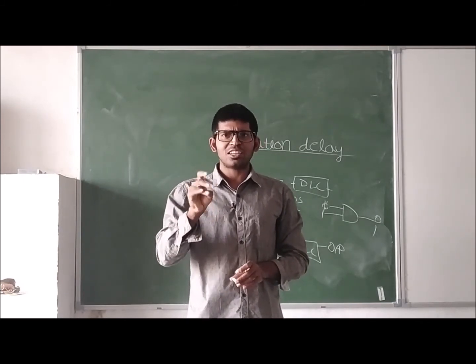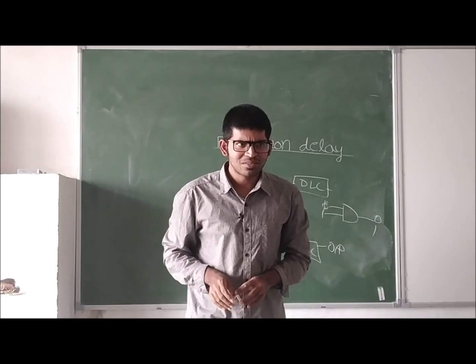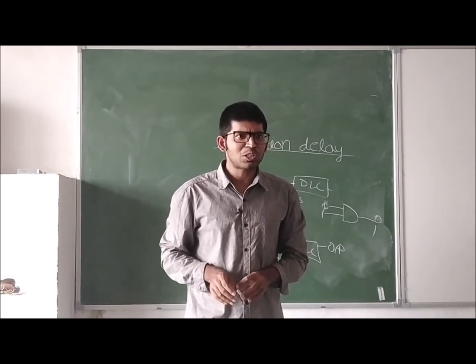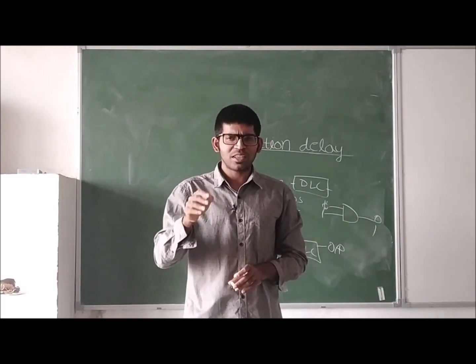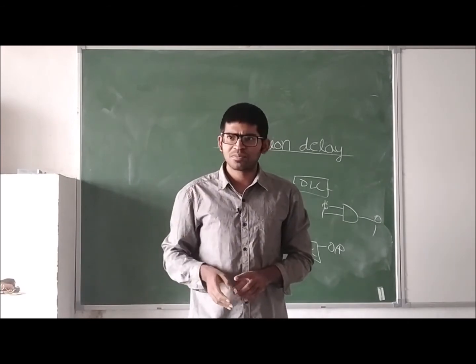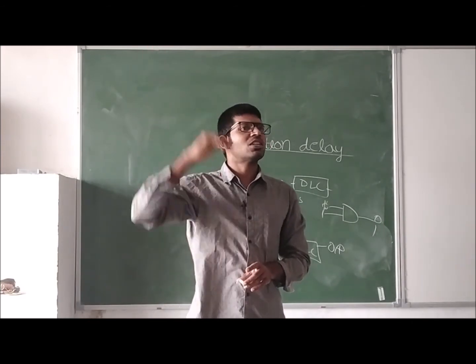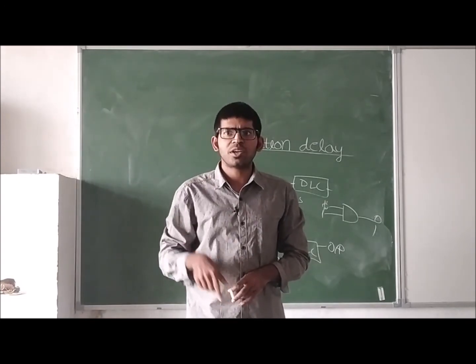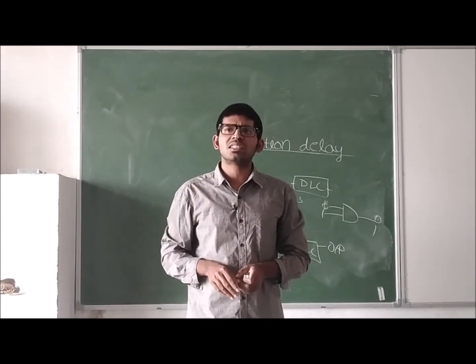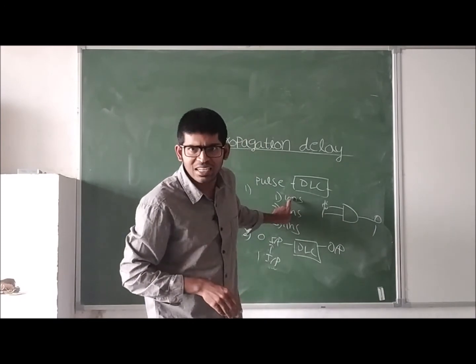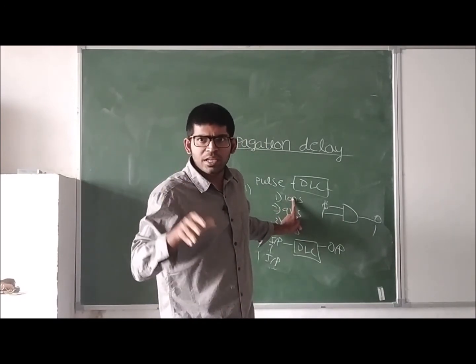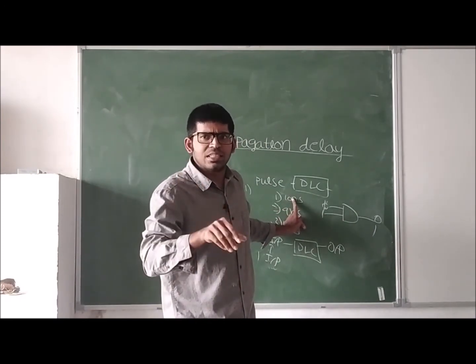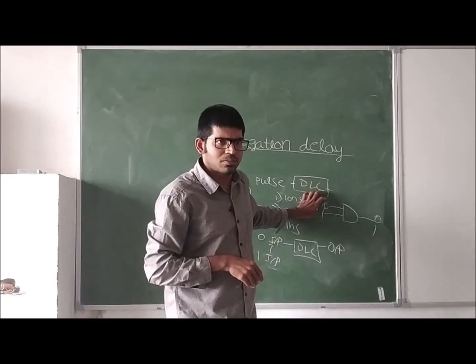It is non-saturated, which is why it is the fastest. There is no need to go to saturation. When it is in the active region, we consider that as a 1. That's why the fastest digital logic circuit is ECL. The propagation delay is very small, in the range of 3 nanoseconds.